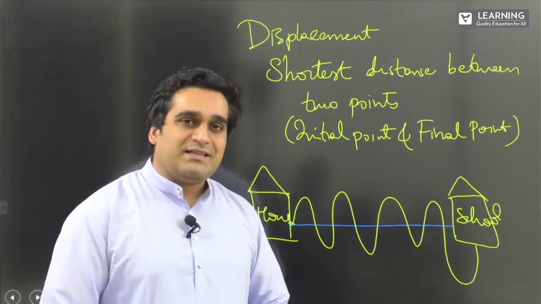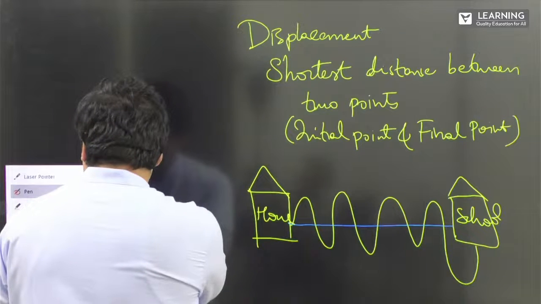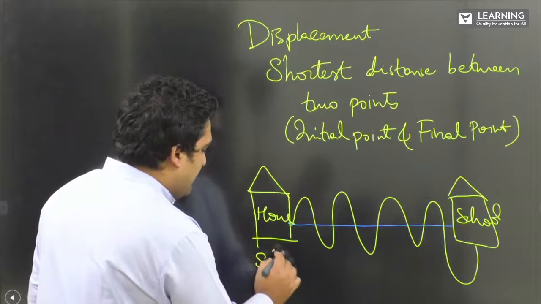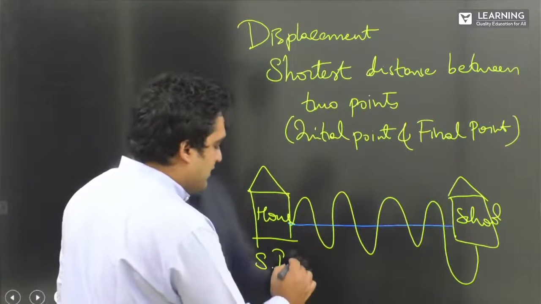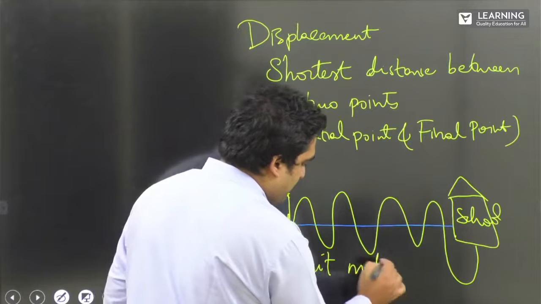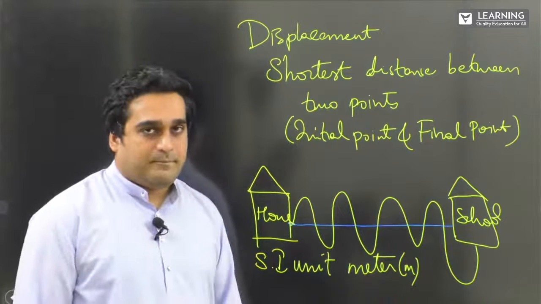What about its SI unit? Is it the same? Yes. Distance and displacement have the same SI unit, which is meter, given by small letter m.